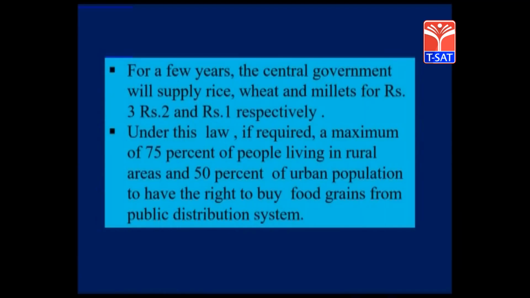For a few years, the central government will supply rice or wheat, whatever is the staple food, at a price of ₹3, ₹2 and ₹1 only. So, under this law, if required, a maximum of 75% of people living in the rural areas and 50% of the urban population have the right to buy food grains from the public distribution system.